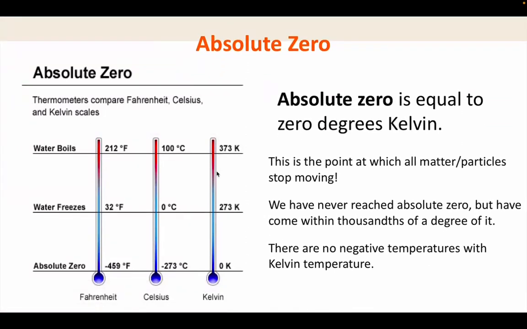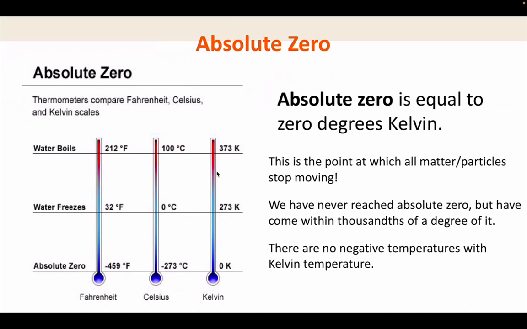Now I want to talk about temperature. Absolute zero is 0 Kelvin, and at that temperature, all motion stops. There's nothing below that, so there's no negative Kelvin degrees. And when we do our calculations with gas laws and temperature, we do have to convert those temperatures into Kelvin, so that we don't end up with negative volumes and things like that.